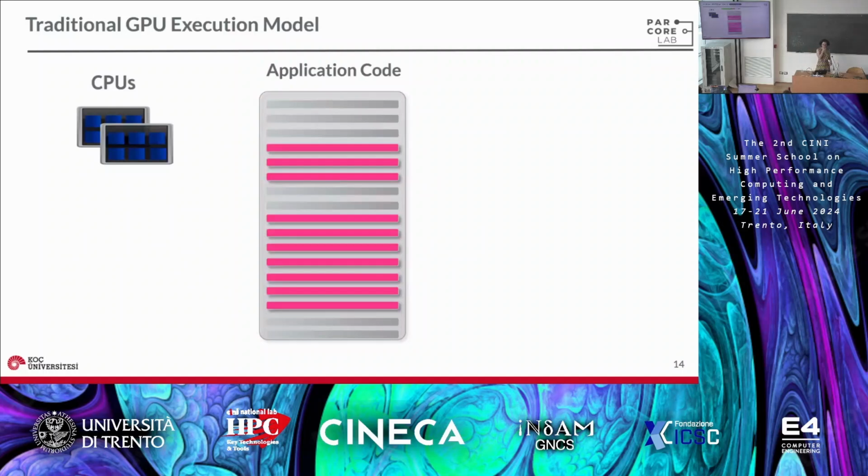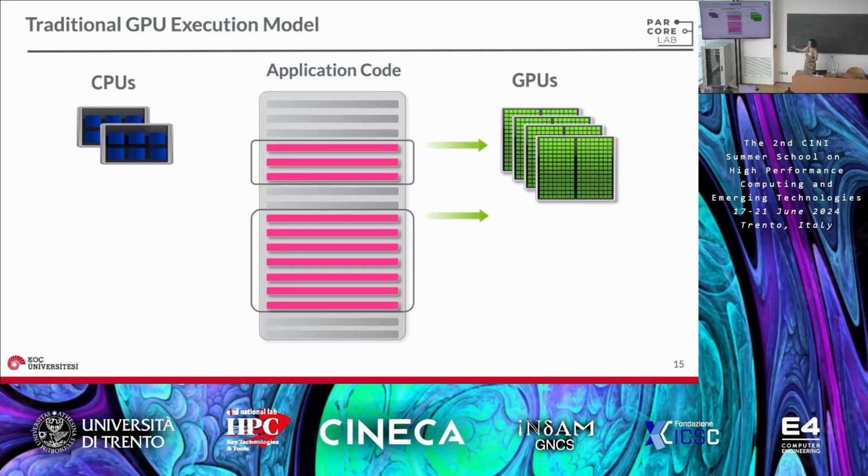But if you look at the traditional GPU execution model, you have the CPUs, and then you have an application code, and you identify regions of the code that should be accelerated. I marked them as pink. Those are the things that you would offload to the GPUs, right?